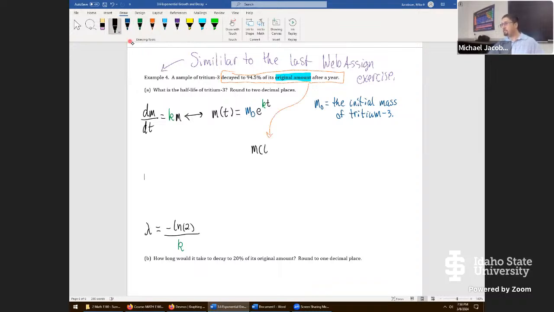It's talking about the amount of mass at time t. If it's decayed down to this figure, 94.5%, then we can convert that to a decimal, 0.945. It's 94.5% of the original amount, which is referring to m naught.